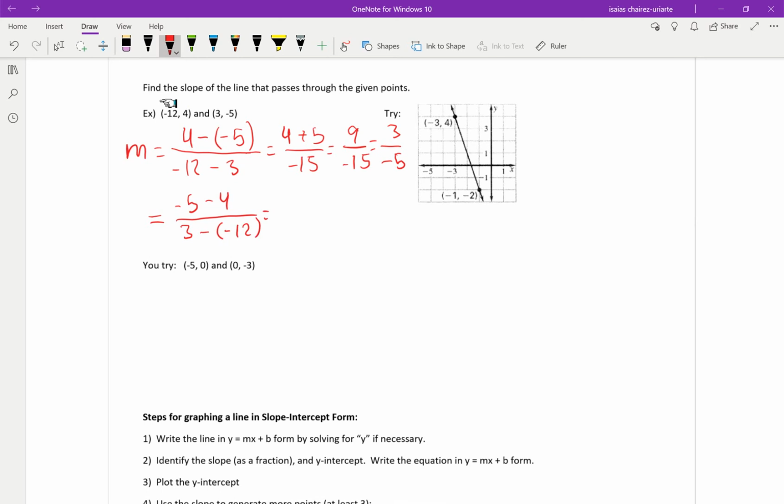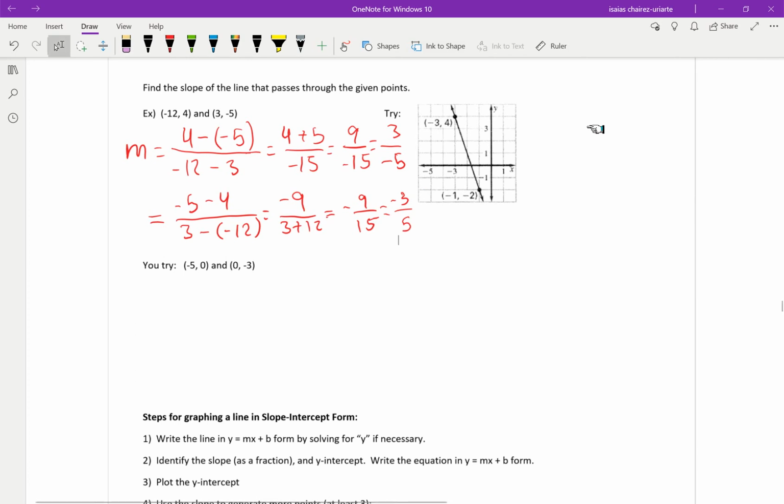Negative 5 minus 4 is negative 9, over 3 plus 12, so negative 9 over 15, which is also negative 3 over 5. It's the same thing. If you're thinking, wait a minute, in the top one the negative is in the denominator and in the bottom one the negative is in the numerator, it does not matter. It's the same fraction.